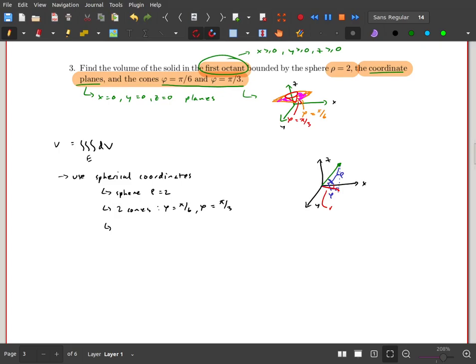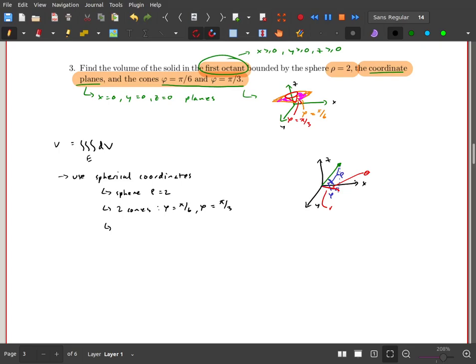And the angle that r makes with the x-axis right there, that will be theta. So if things are limited to the first octant, it means that phi will have to be above 0, which in this case, it will be. We don't have to worry about that.